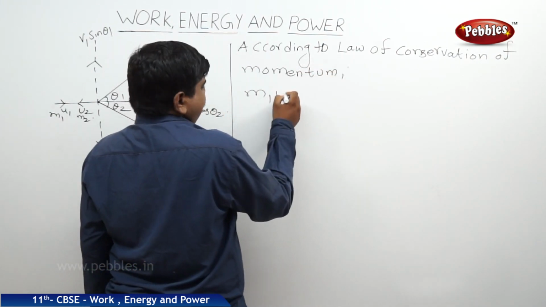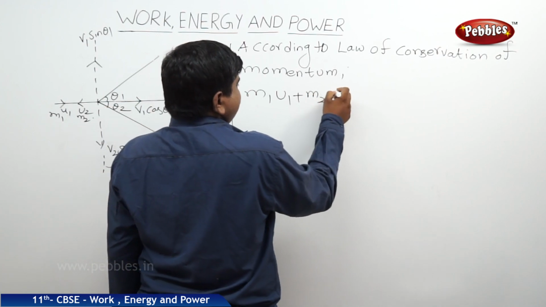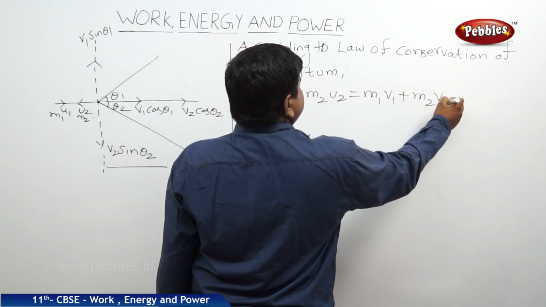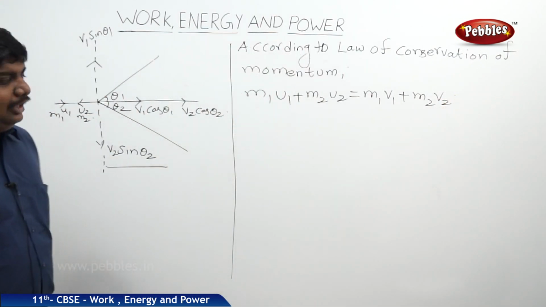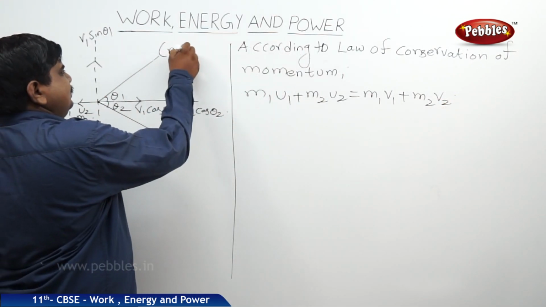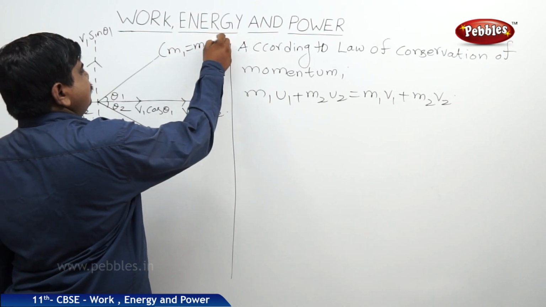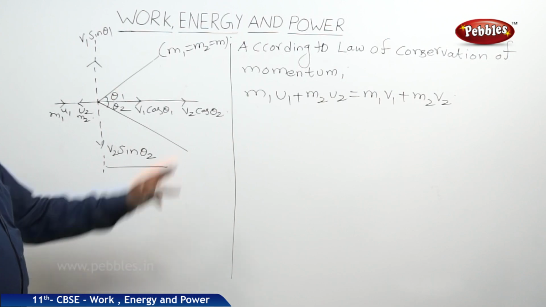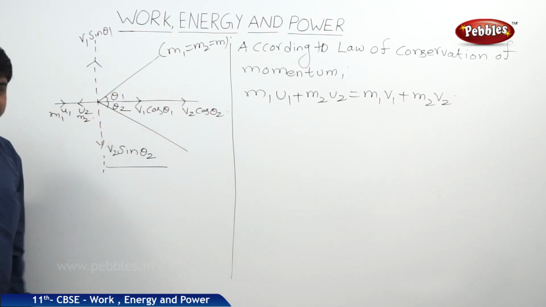we will see m1 u1 plus m2 u2 is equal to m1 v1 plus m2 v2. Here the condition is m1 is equal to m2 is equal to m. u1 is u, but u2 is 0.